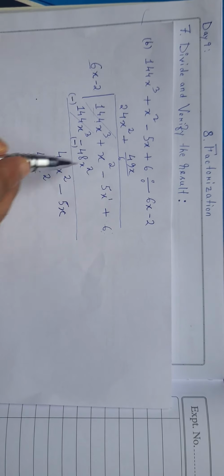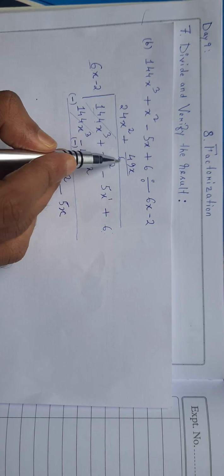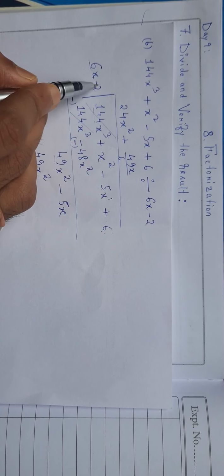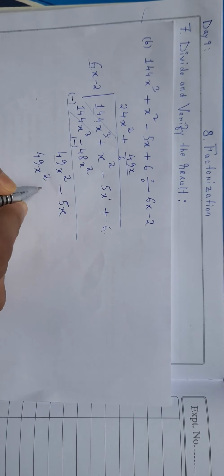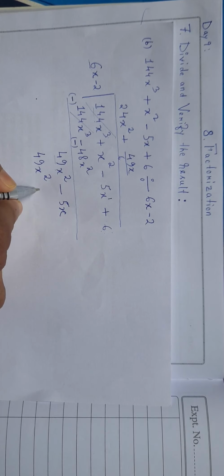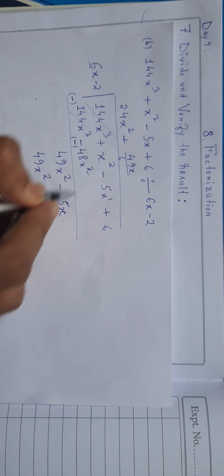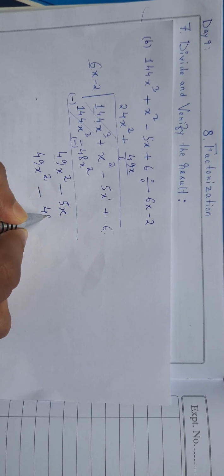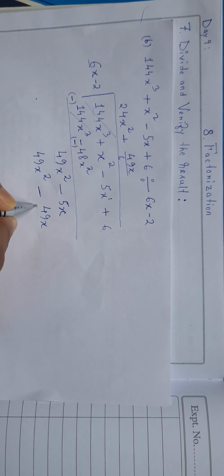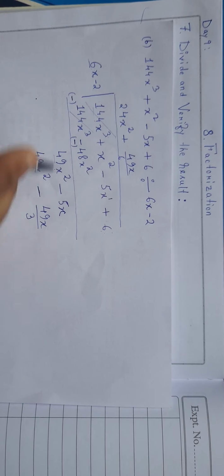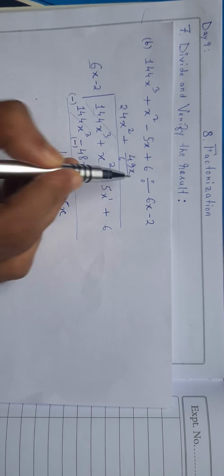So similarly, it is not done. We have to multiply this 49x divided by 6 with minus 2 as well, which will give me minus. Now here you see 2 3s are 6. So ultimately we'll get 49x divided by 3 when you multiply this with minus 2.